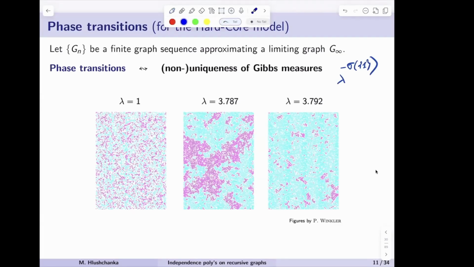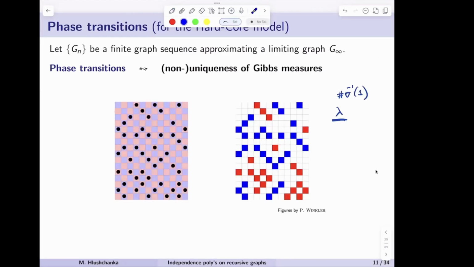The model starts to prefer configurations for which the size of the independent set is as large as possible. What is the biggest possible independent set on this Z-squared lattice? Well, you either pick all the blue vertices or all the red vertices.